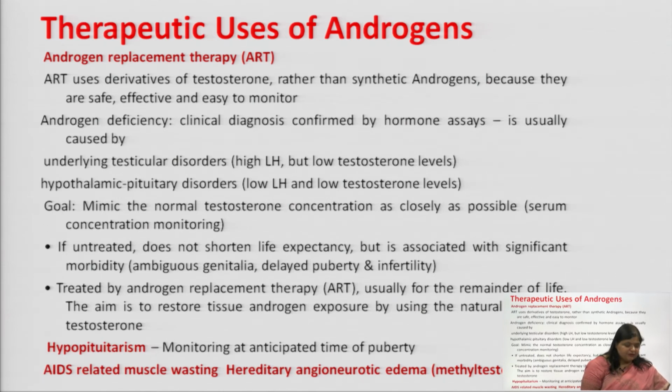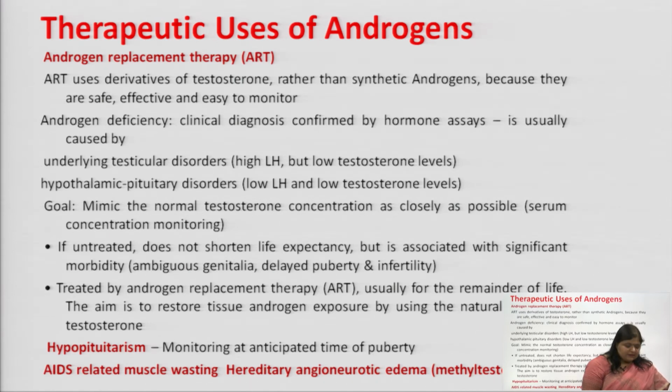Whenever there is an androgen deficiency which is confirmed by clinical diagnosis and by carrying out various hormonal assays, it could be due to certain testicular disorders, or it could be due to hypothalamic pituitary disorders. There is a low luteinizing hormone and low testosterone level.